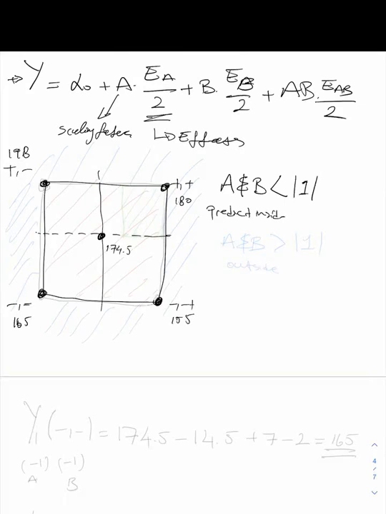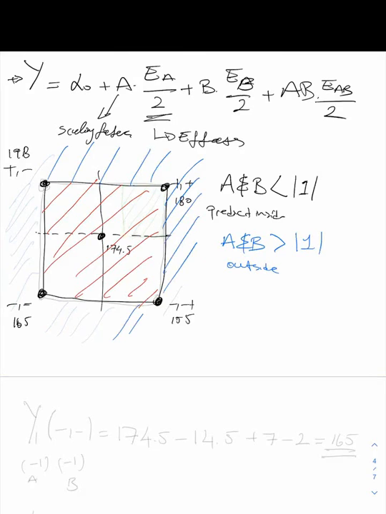that means that you predict inside. So shown by red, this will get you to predict inside. And if your A and B values are larger than 1, you're going to predict outside, meaning that you can predict outside of your box.